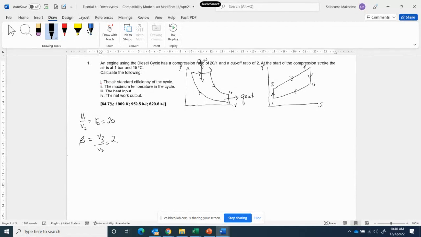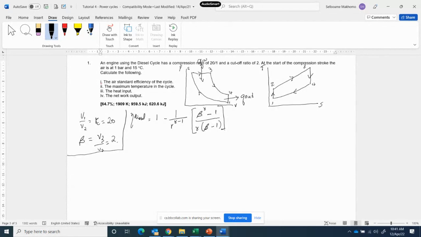Now, the first question says calculate the thermal efficiency of this cycle. Diesel cycle efficiency is given by 1 minus 1 divided by the compression ratio to the power gamma minus 1, multiplied by the cutoff ratio to the power gamma, minus 1, divided by gamma times the cutoff ratio minus 1.